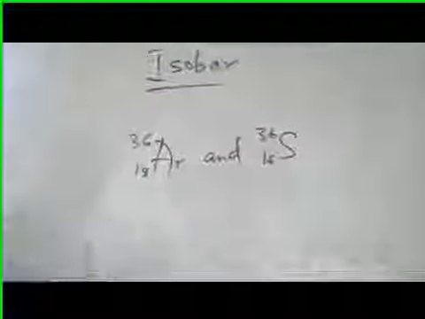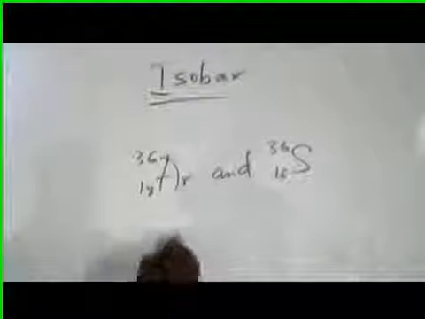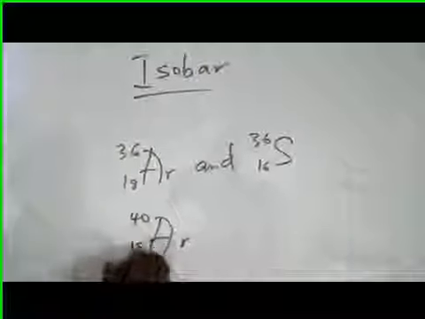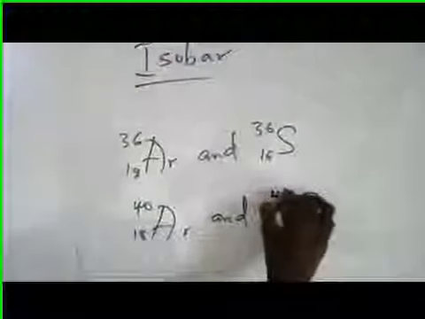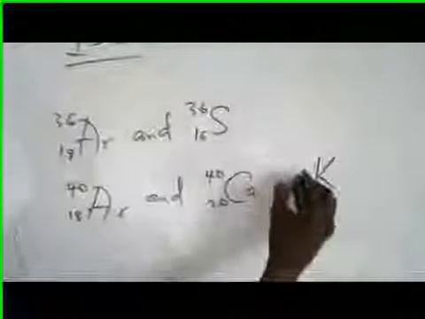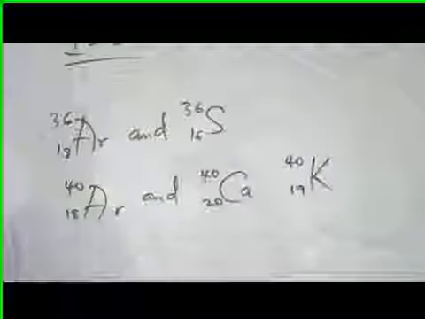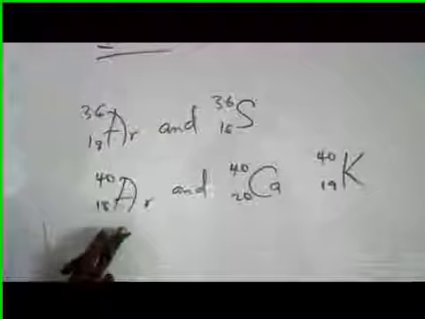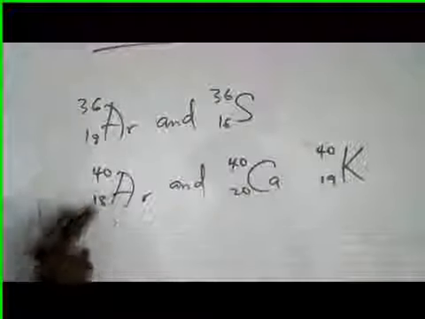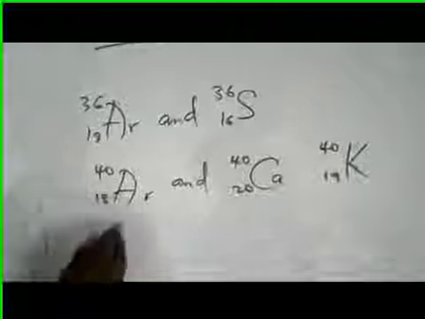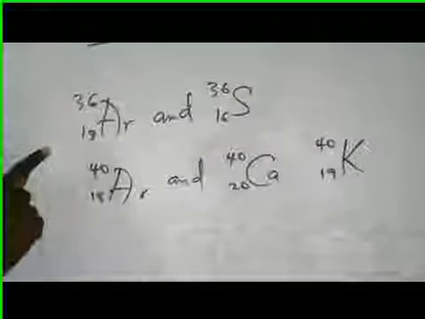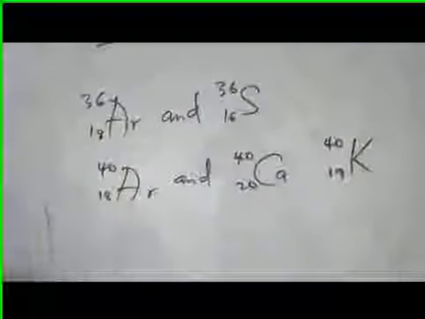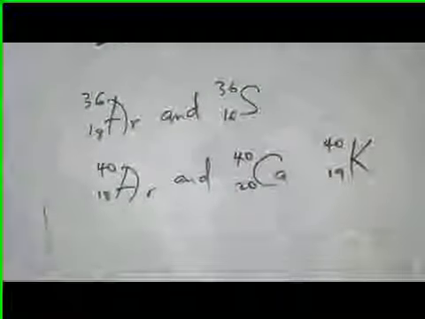Another example: we can have argon-40 (⁴⁰₁₈Ar) and calcium-40 (⁴⁰₂₀Ca). We also have potassium-40 (⁴⁰₁₉K). In isobars, if you are calculating, the number of protons will be different, but the number of neutrons will be the same, unlike in isotopes, where we have the same number of protons but different numbers of neutrons.